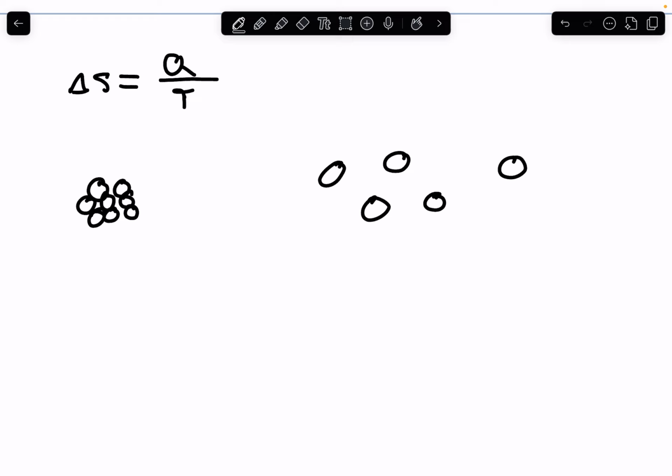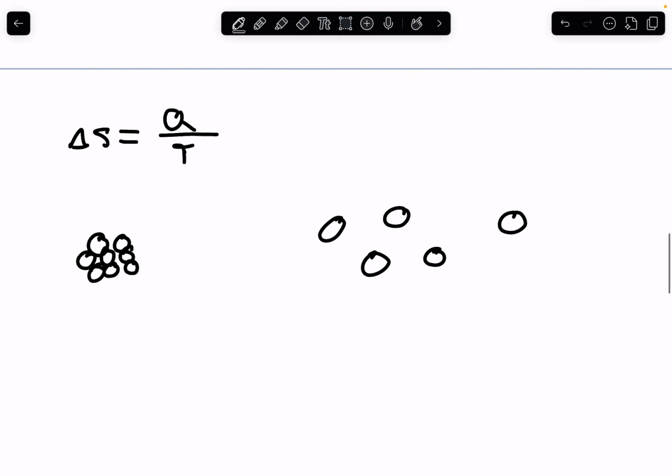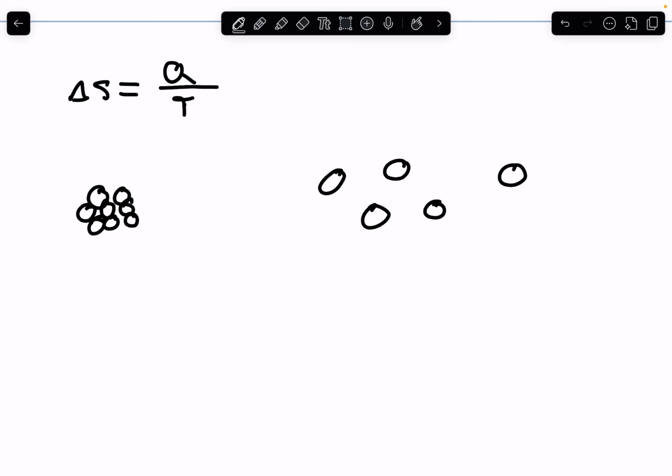Let me give you something to think about. A fridge. Inside the fridge, you could say that the entropy is decreasing, which is true, because heat energy is removed. And from this equation, if heat energy decreases, then entropy must decrease. And this, of course, occurs at a constant temperature for a fridge, probably. But what you don't know is that at the back of the fridge, it releases all that heat.